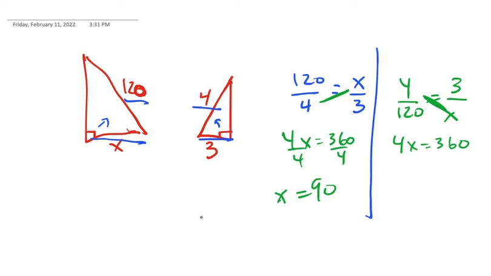So these are matching the actual pieces of the triangle. The bottom with the bottom, hypotenuse matches with hypotenuse. Then we learned a specific triangle that has to be right.